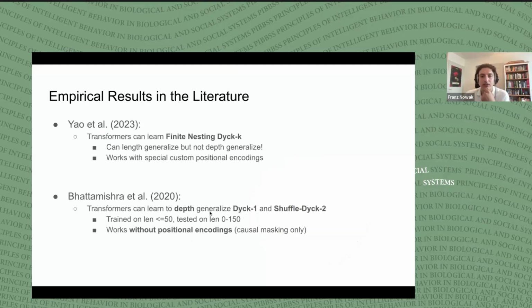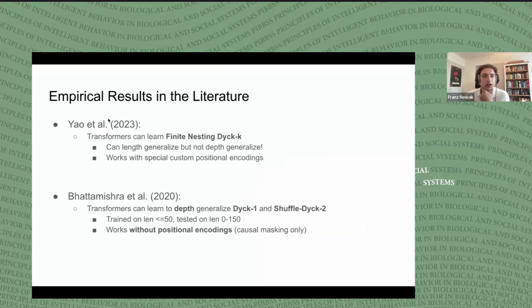And that means that they can recognize constant depth parenthesis matching for one type or even for multiple types if you don't care about the order of the parentheses types. And this even generalizes. However, they found that this only works if you don't have any positional encodings. So the only order preserving information is causal masking.